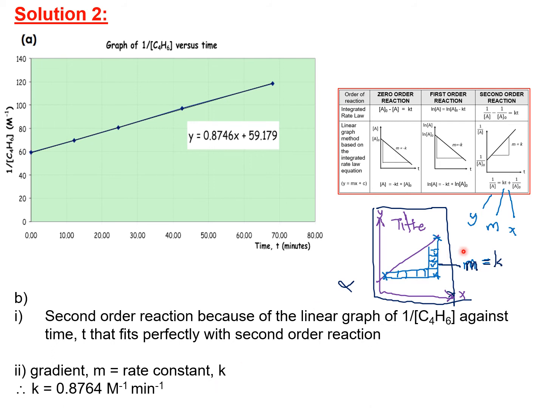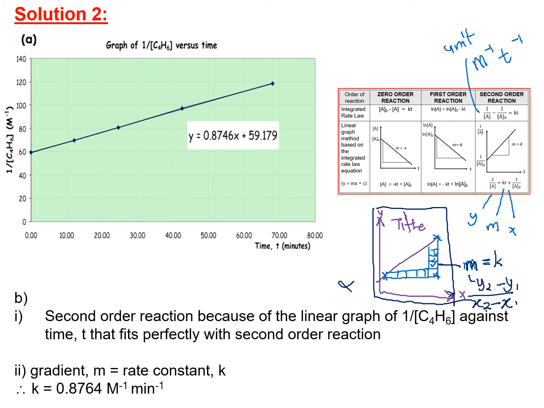So to find the rate constant in this case, you need to find the gradient. Do you still remember how to find the gradient? Y2 minus Y1 over X2 minus X1. And lastly, when you have obtained your gradient, don't forget the unit of the rate constant for second order. If you remember the table before this, Miss showed the unit for the rate constant for second order. The unit is per molar per time.